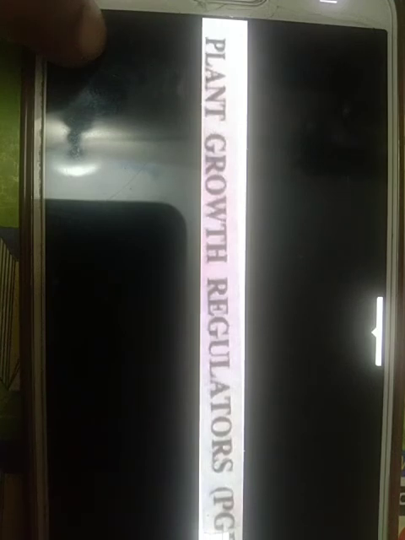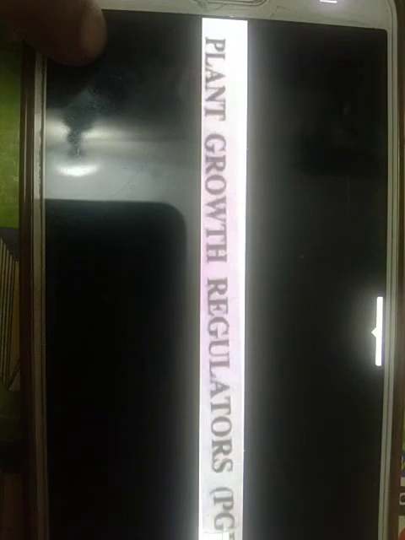Five types of phytohormones are known. They are indole compound, that is indole acetic acid or IAA; adenine derivative, that is furfuryl aminopurine, kinetin, cytokinin; derivative of carotenoids and fatty acid, that is abscisic acid, ABA; then terpenes, that is gibberellin, GA3 or gibberellic acid; and gases like ethylene, that is C2H4.